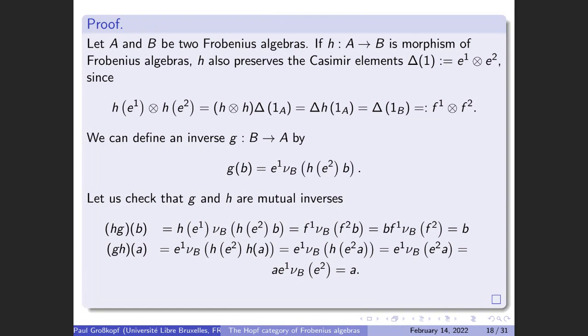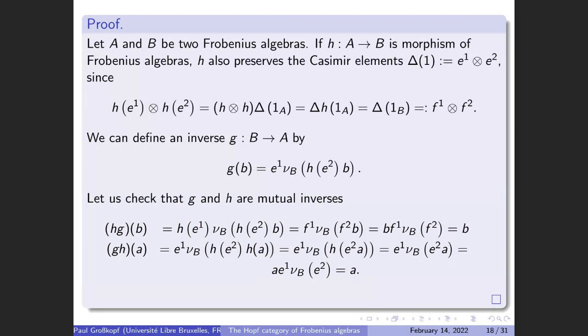And the Casimir elements have the nice property that by the Frobenius condition, if I multiply with something, I can always multiply it on the other component. So I can kind of jump out of some calculations. So the way of showing that every Frobenius algebra morphism is invertible is by constructing an explicit inverse.